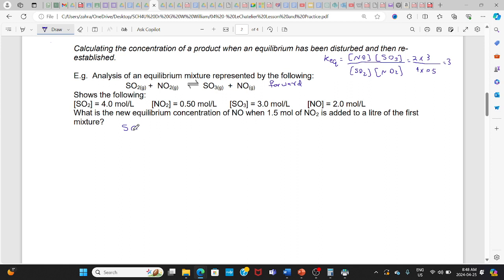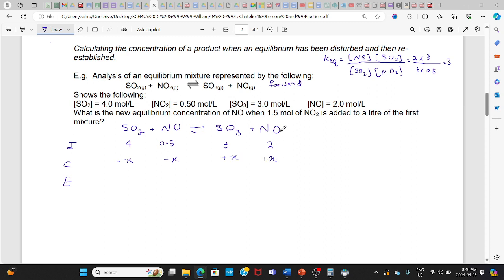So it's SO2, SO3, ice table. Initially, change, equilibrium. So initially we started with 0.5 mole per liter. Here is 3 mole per liter, and here is 2 mole per liter. Now the change, since you set it forward, that would be minus x, minus x, plus x, and plus x.